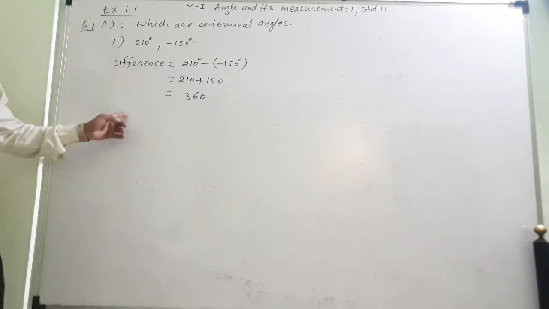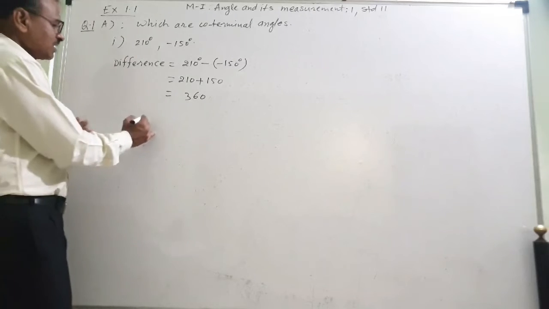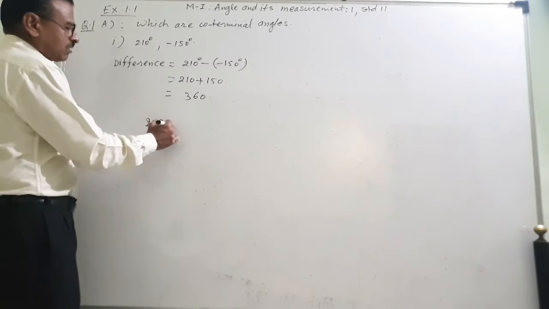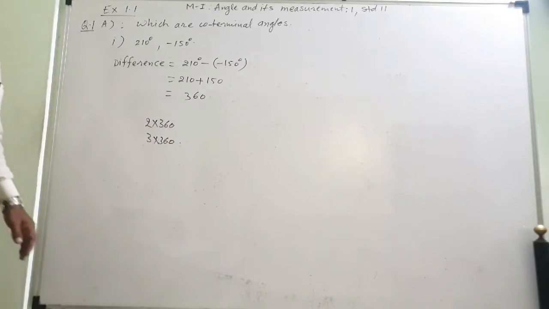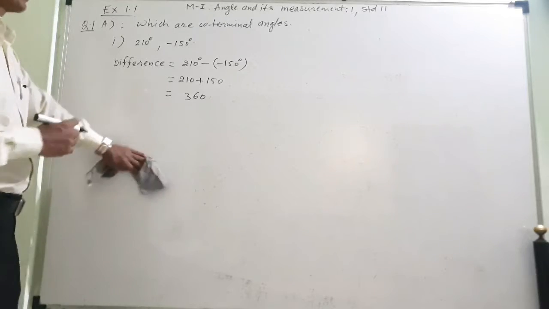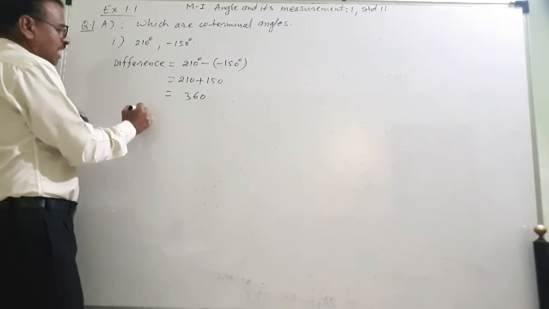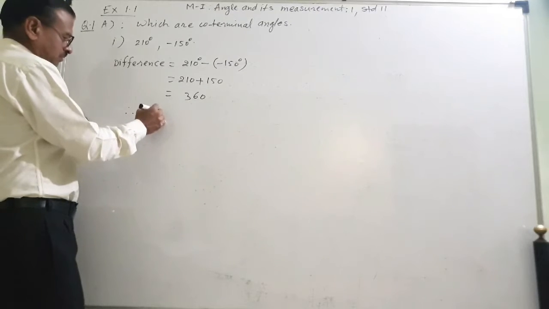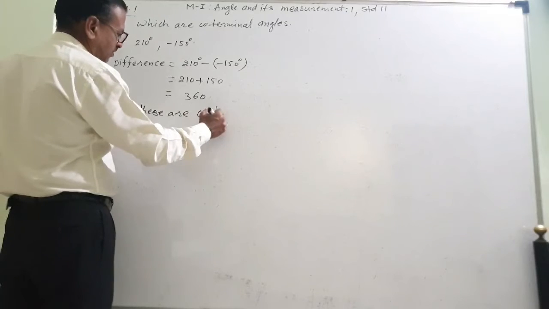The difference is 360 or a multiple of 360. Multiple of 360 means 2 into 360, 3 into 360. If the difference is 360 or a multiple of 360, they are coterminal angles. Therefore, these are coterminal angles.